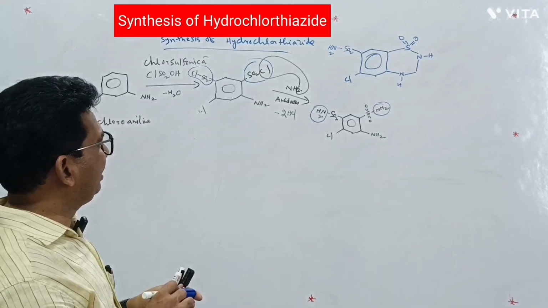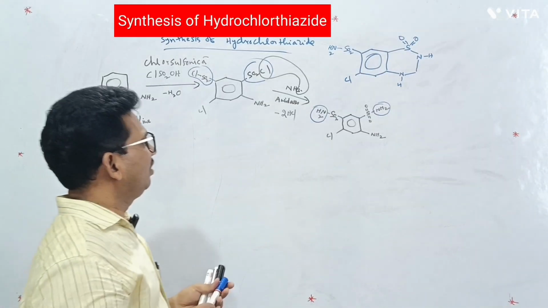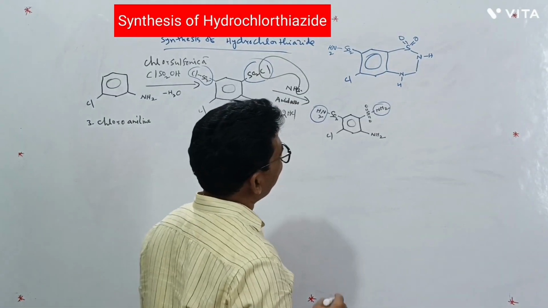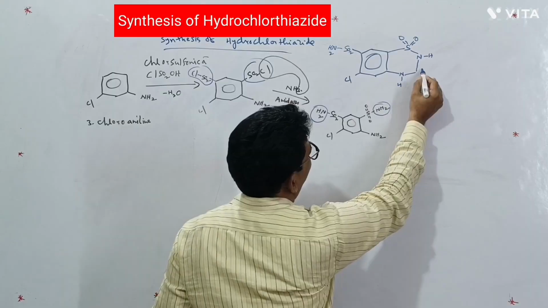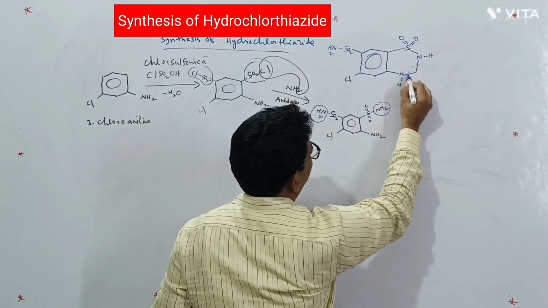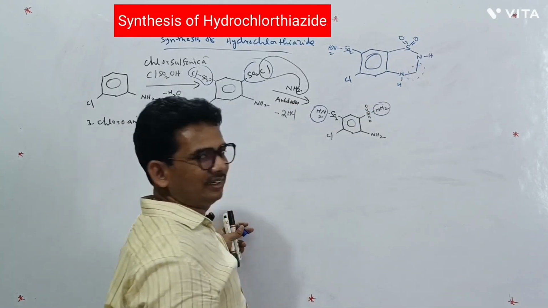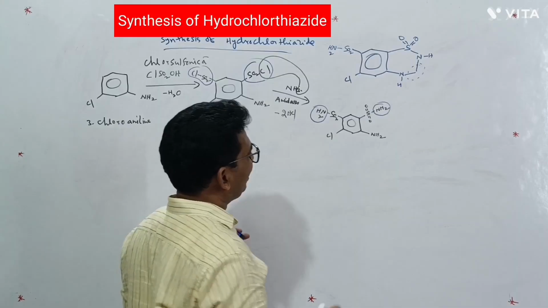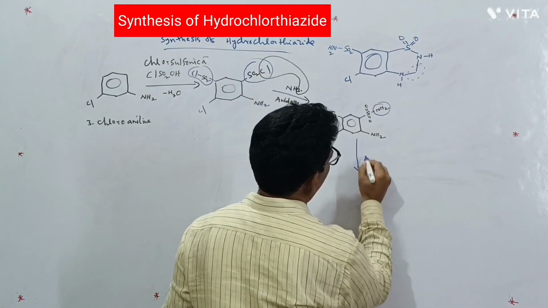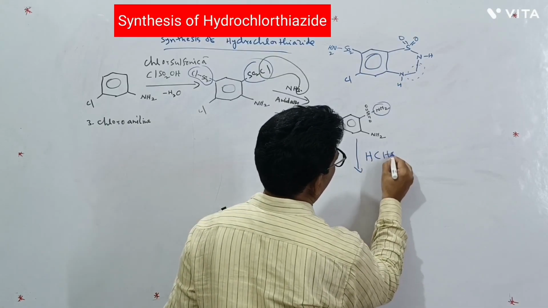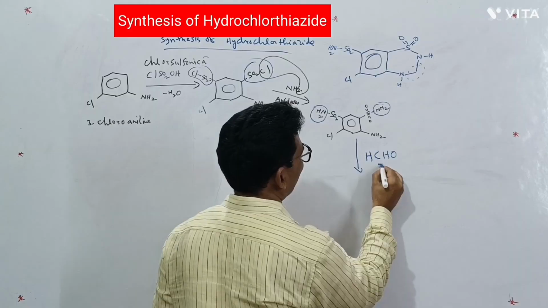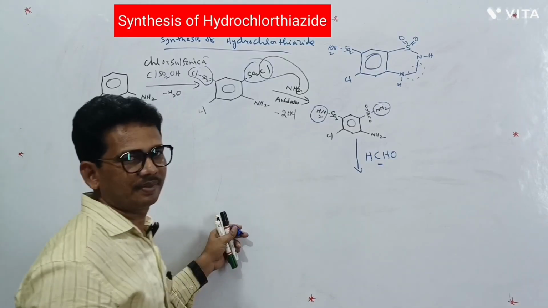In the next step you can see what we require. We require this carbon, is it right? This carbon we require. Whenever we require a carbon, we have to react with formaldehyde. From that only the carbon will come.